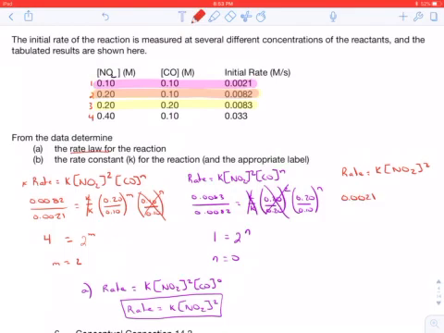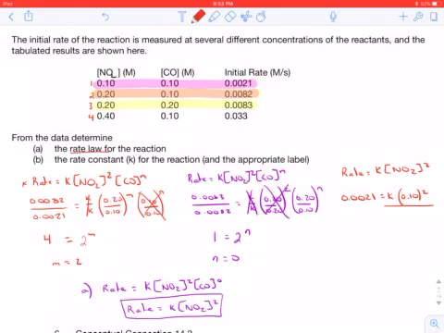We've got 0.0021 equals K, that's what we're looking for, times 0.1 squared. And I love how I changed from brackets to parentheses. We'll go to parentheses because that would be more correct. So now we're just going to figure this out.